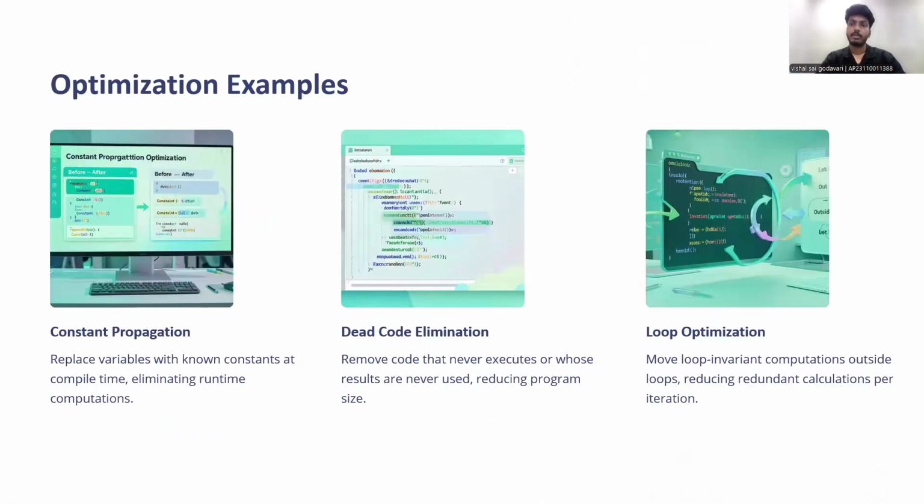And these are some optimization examples. The first one is constant propagation, which replaces variables with known values at compile time. Second is dead code elimination, which removes the useless code. And third is loop optimization, which moves calculations outside the loops if they don't change. All of these rely on data flow analysis to ensure correctness, because optimization without analysis is risky and DFA makes it safe.